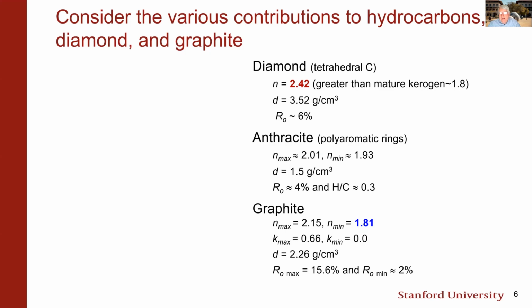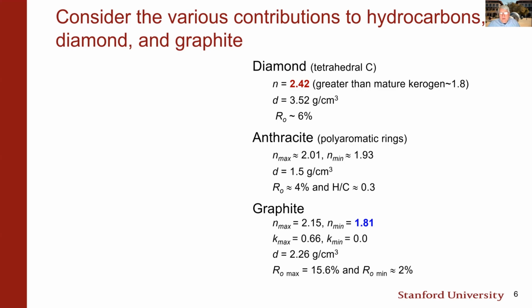It has a reflectivity around 4% for a hydrogen to carbon ratio of around 0.3. Now graphite becomes more anisotropic. The maximum refractive index along the aromatic planes is 2.15, and the perpendicular is 1.81. Now remember 1.81, which is why I've got it highlighted in blue.